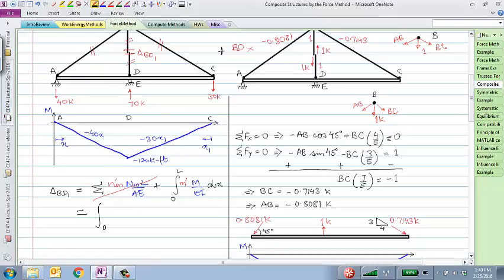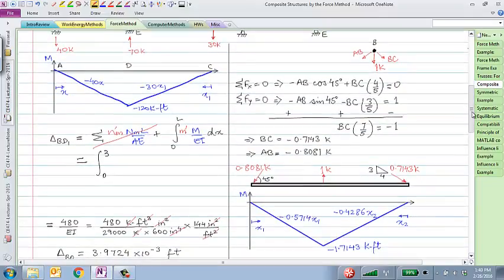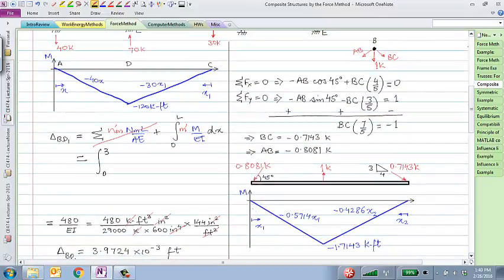Now, to integrate, we first integrate from A to D. We have 0 to 3. The virtual moment is here. This is actually the virtual moment diagram, which has taken a similar form to the real one, and the values are calculated here.